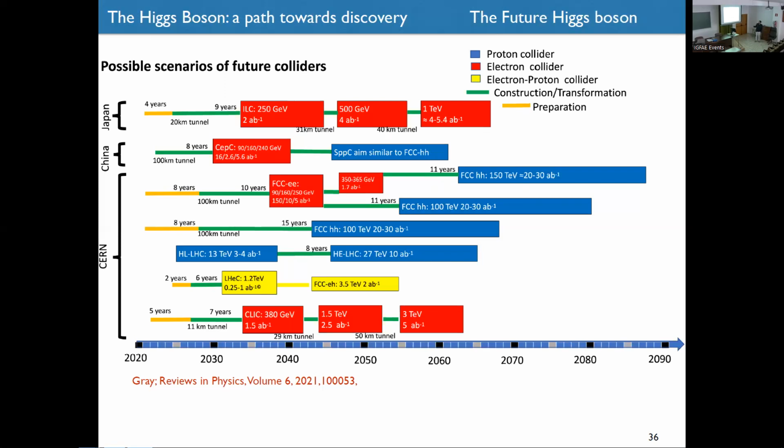The other ones, I'm not really sure what the situation is right now, but these are different roads, different possibilities. And some of them talk about running up to 2090. I think everyone here will be either dead or retired by then, so I don't know if this is very optimistic or not. But in any case, there are a lot of things that people are thinking about. So let's hope.